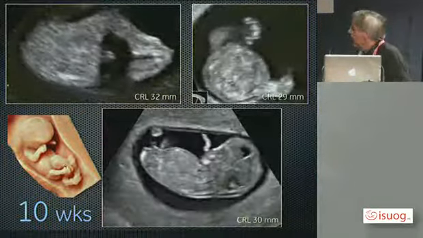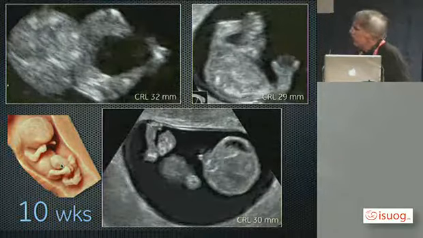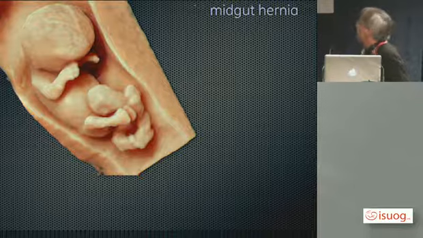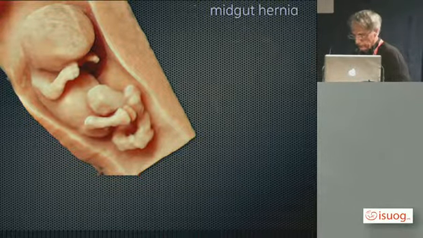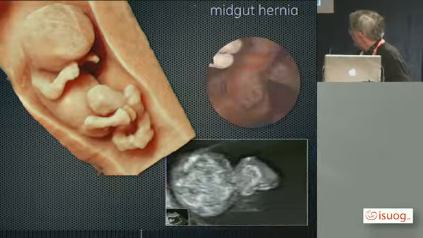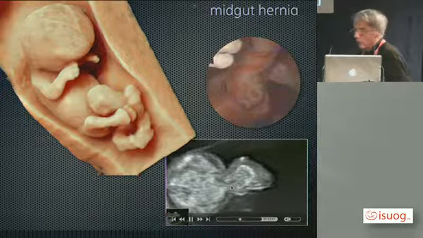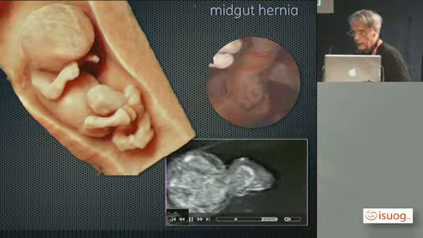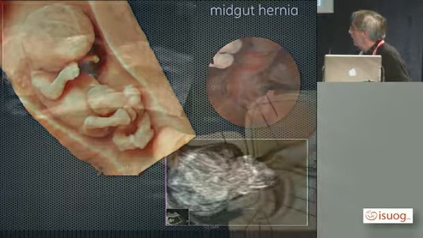And what is this? This is a midgut hernia. At 10 weeks, this is normal, and this is maximum at 10 weeks of pregnancy. This is the presence of intestine inside the umbilical cord. You have a loop of intestine inside the umbilical cord. This is normal.